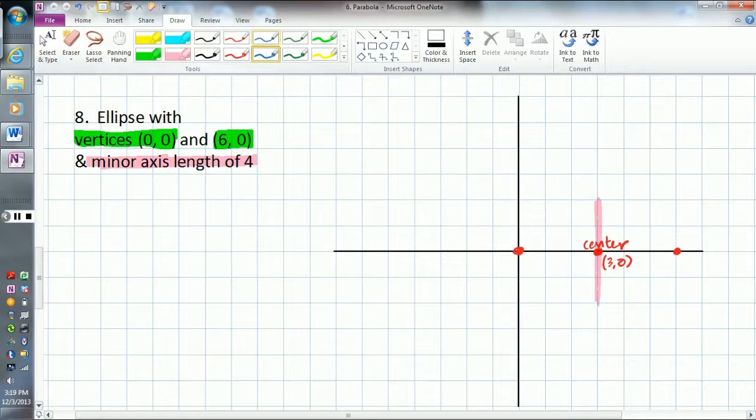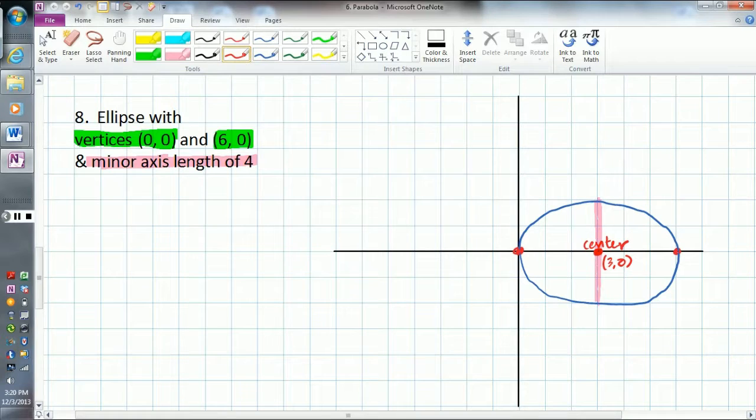And I have enough at this point to sketch my ellipse. My ellipse will look something along those lines.